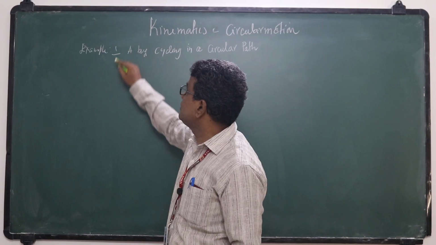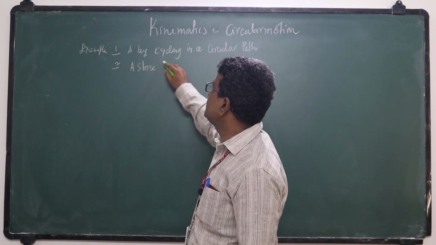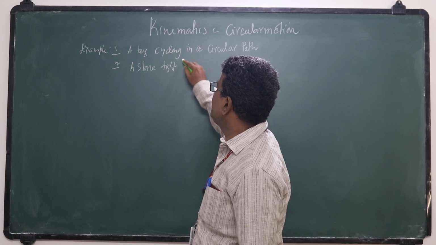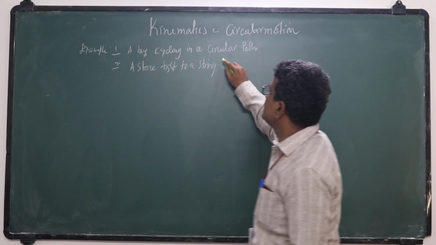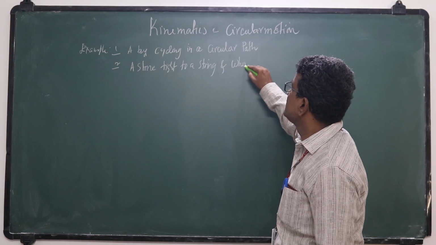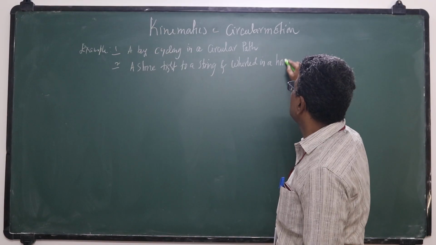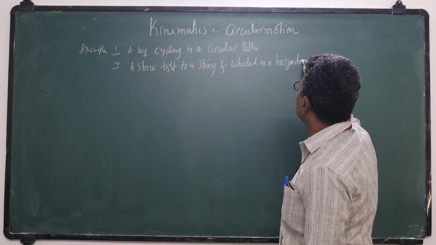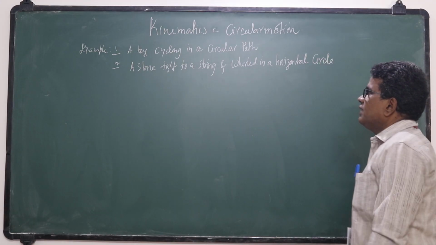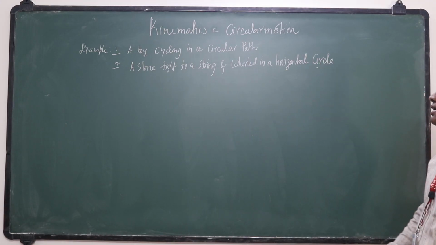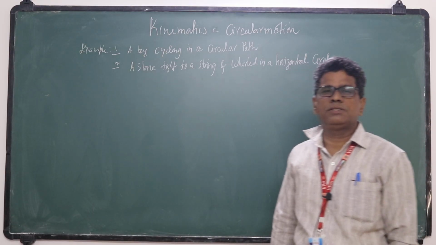And the second example, a stone tied to a string and whirled in a horizontal circle. Why do I say horizontal circle? Because there is another circle, the vertical circle, also.